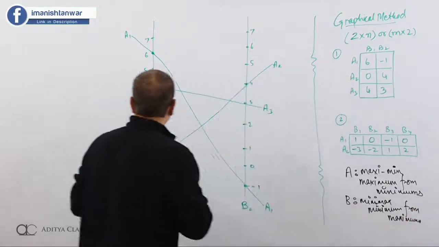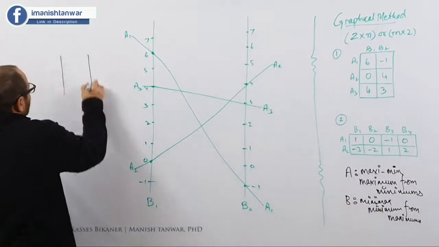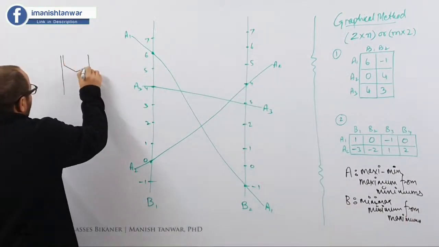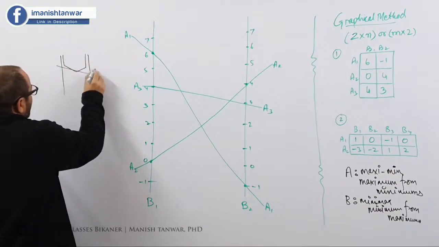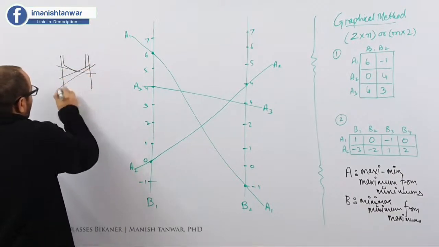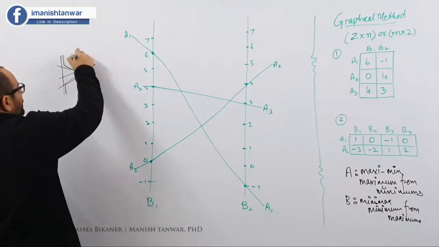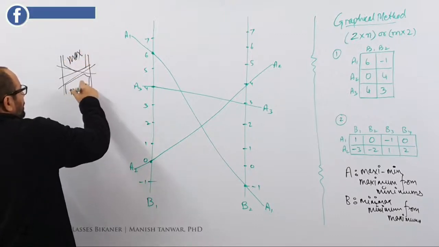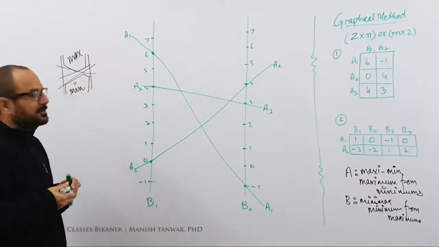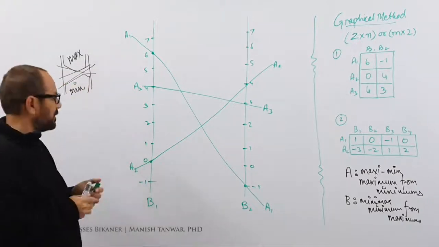So, the two areas that we identified: this is the maximum area and this is the minimum area, which is obvious. These are maximum values, these are minimum values.